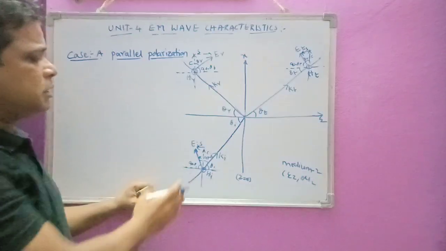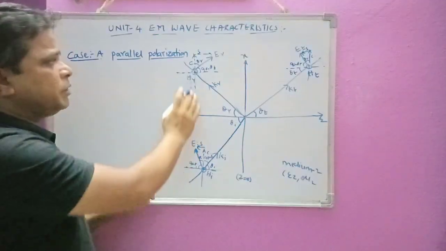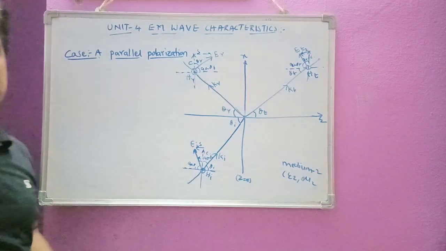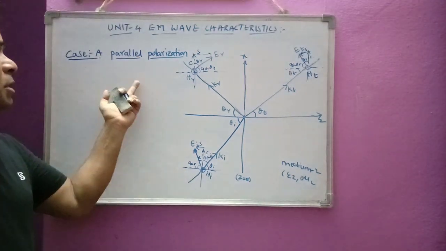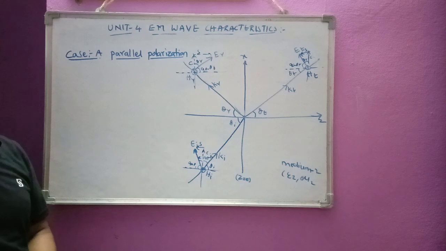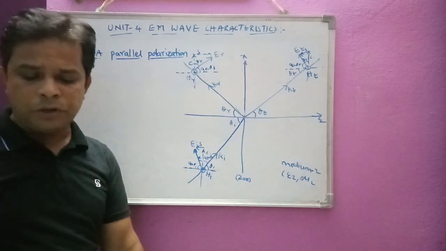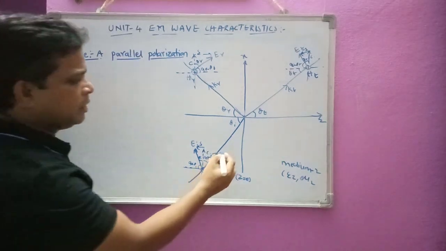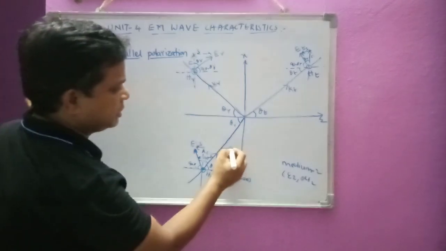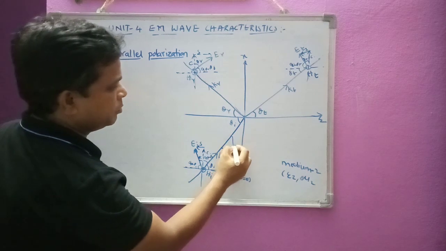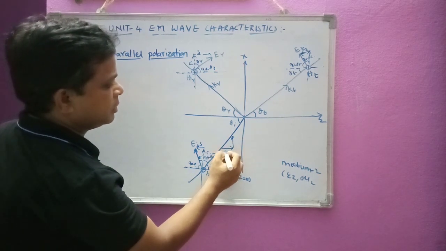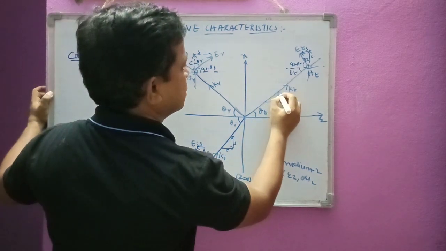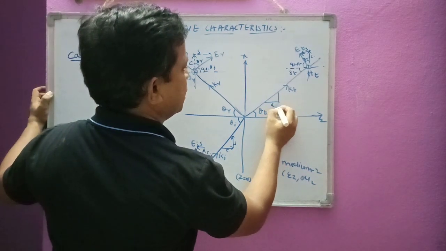Now I have to use this diagram very carefully. By using this entire diagram, we are now going to produce the equations of electric field and magnetic field, that is, the wave equations. So we can directly find the propagation vector direction like this. The resultant is along the cosine component and the sine component. Similarly here also, this is a cosine component and this is a sine component.